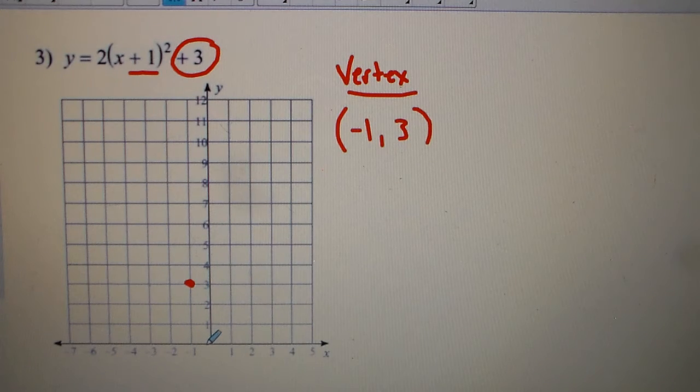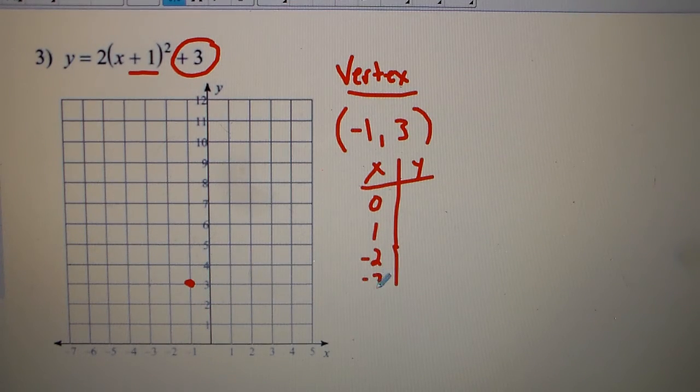Now the 2 numbers to the right of negative 1 are 0 and 1. So I'm going to try the values of 0 and 1. And the 2 numbers to the left of negative 1 are negative 2 and negative 3. So I'm also going to do negative 2 and negative 3.